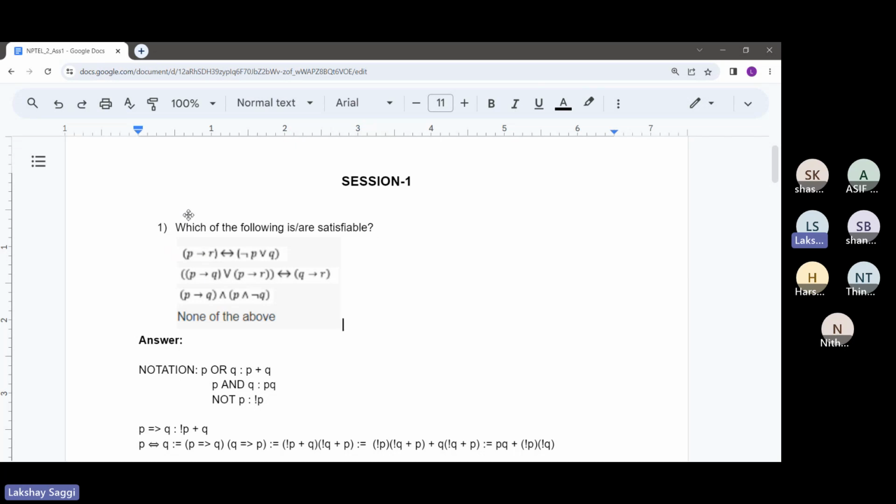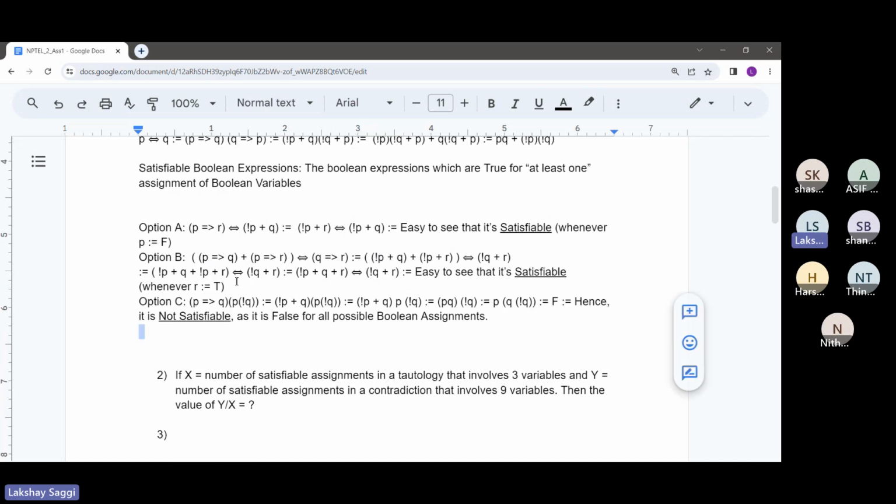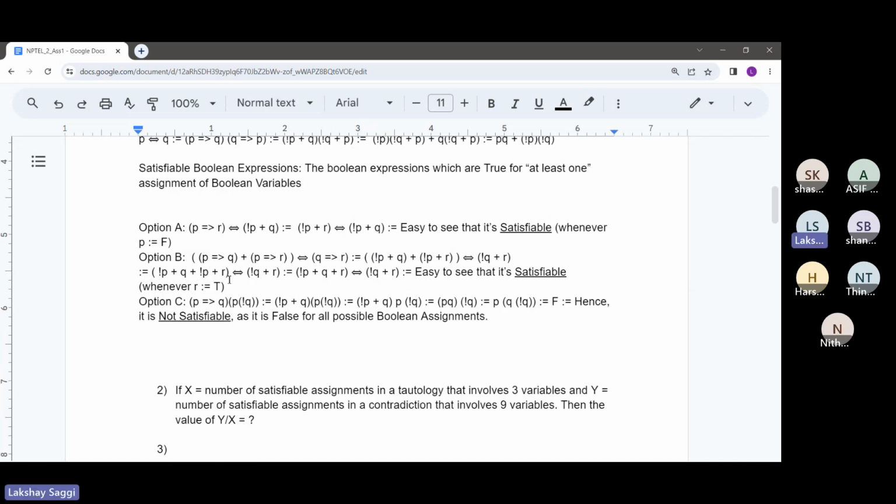So the correct answer is basically option A and option B. So correct answer, I'll just highlight this also. Option A, comma, B.